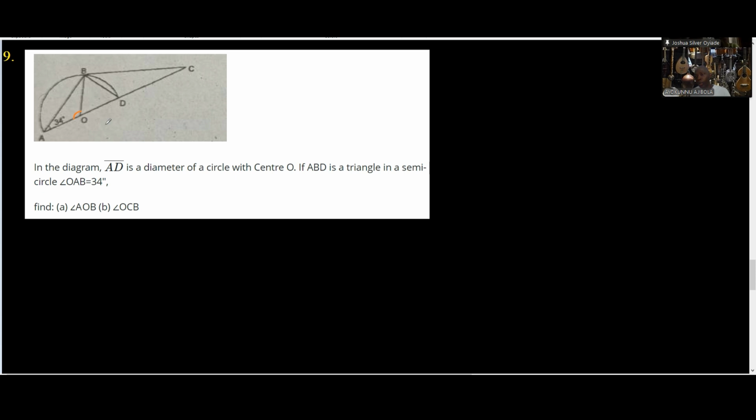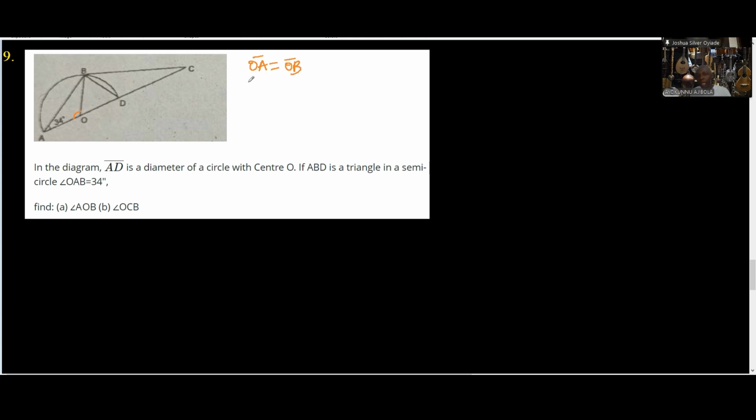Given that O is the center, then OA equal to OB, okay? Line OA equal to OB, making the triangle isosceles.